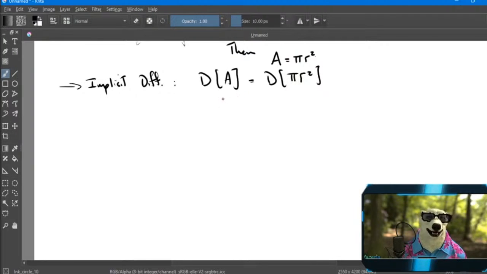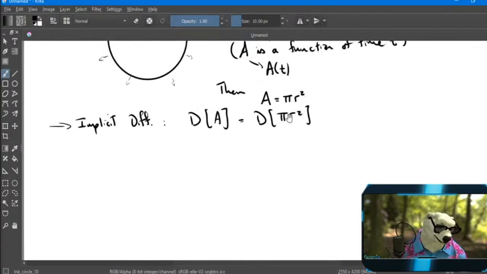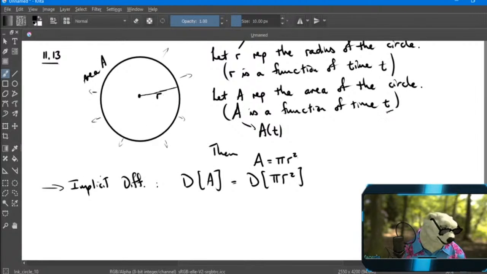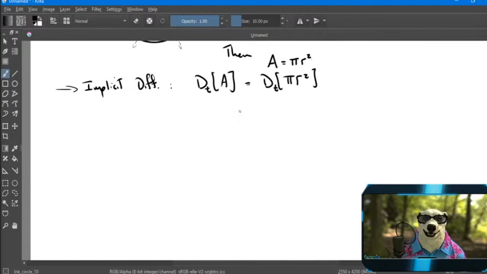But in these practical problems, the input variable is time. So it's not x, it's t. It's very important that I have the appropriate input variable in my big D notation, and they will all be t. Practically, things are changing over time, and those are the only examples we are going to focus on.